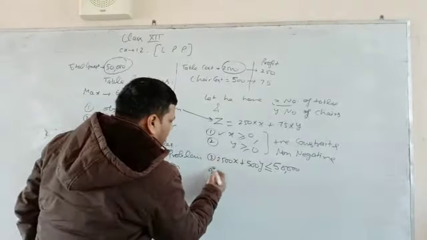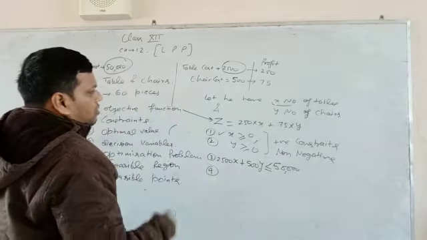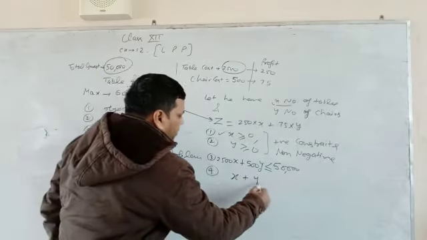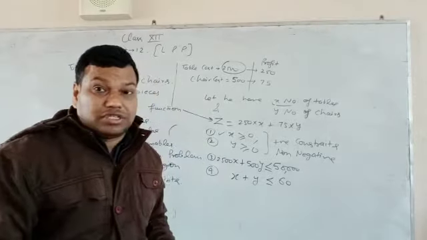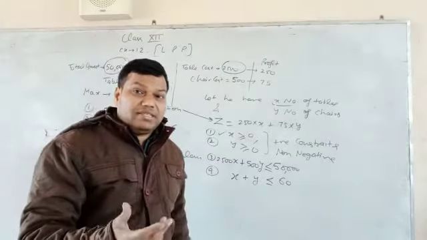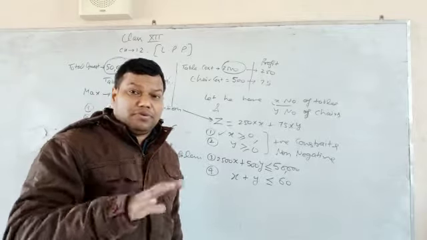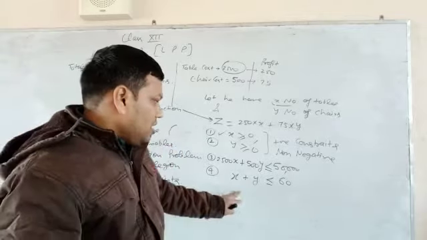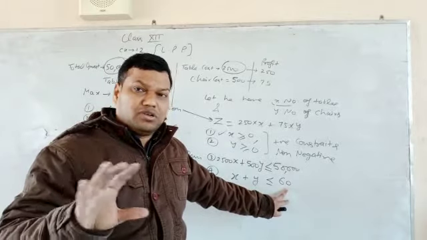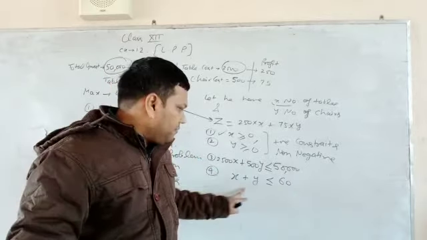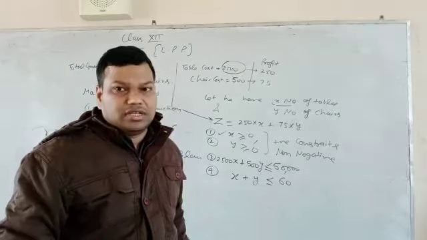The fourth one is x plus y should be less than or equal to 60. What about that? For the place where he has to put those chairs and tables, the maximum number of tables and chairs should be 60, not more than that. So I have written this less than or equal to 60.